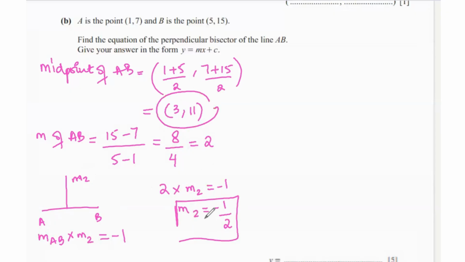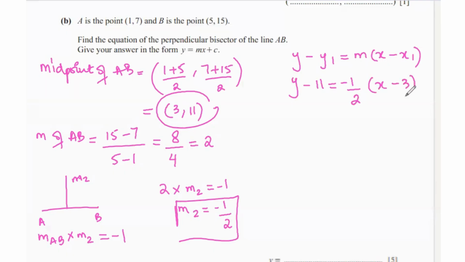We have a point, we have a gradient, so we can easily use point slope form, which is y minus y1 equals m times x minus x1. Point slope form is used when you have a point and a slope. So we replace y1 with 11, m with negative 1 over 2, and x1 with 3.